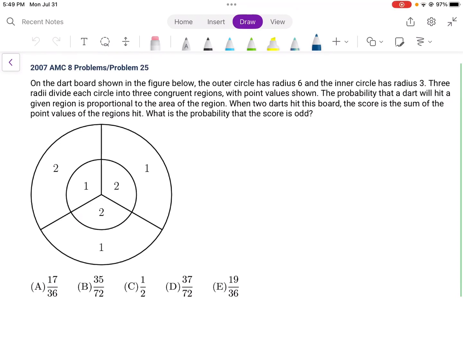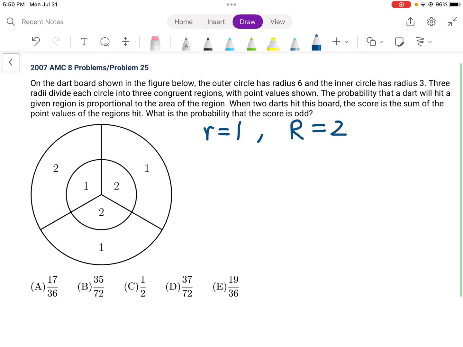Problem 25. Because the probability of the score is a ratio, it's not related to the absolute value of the radius of the circles. Therefore, to simplify this problem, we can assume the inner circle has a radius of 1, and the outer circle has a radius of capital R equals 2.